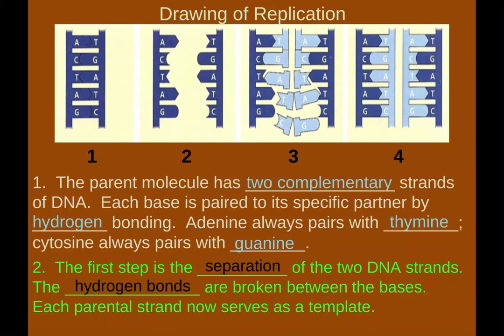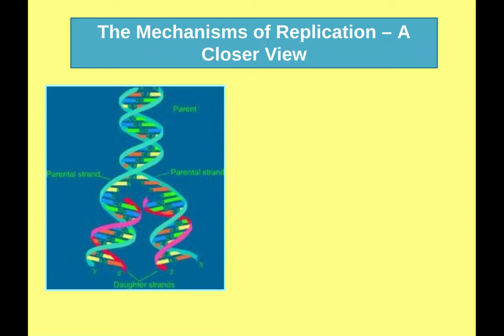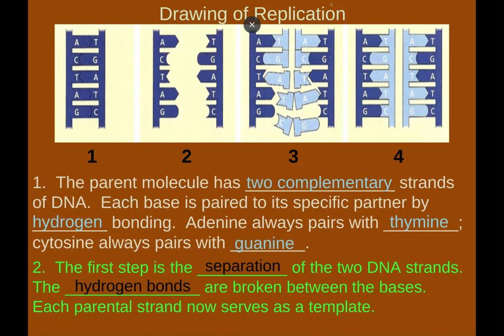But then we can make additional strands, two complementary strands, to match up with the existing strands. When we do this, we're going to be matching up those bases just like we did before. Here, A and T originally were together. When we split this apart, now we're going to put a T back with the A, and we're going to put an A with the T. And once those are complete, now we have two identical strands.